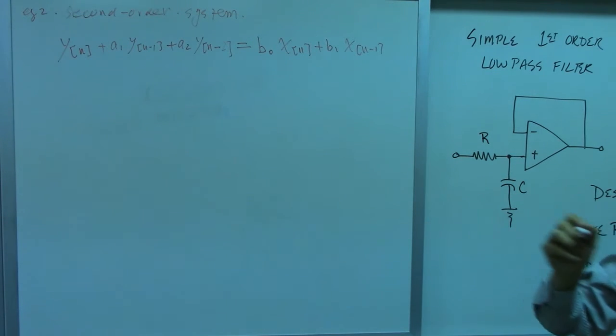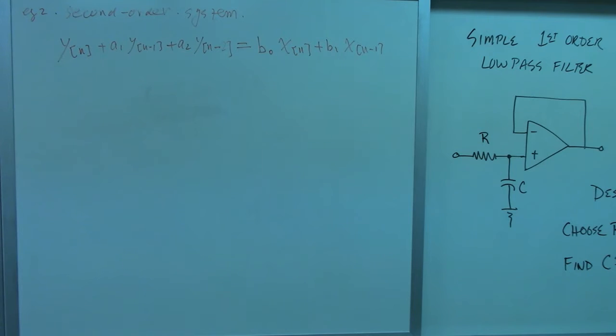So how to analyze this system? You should be able to do this by yourself. At least you have the idea, right? How to do this? Step 1: take the Z transform on both sides. Let's see this.